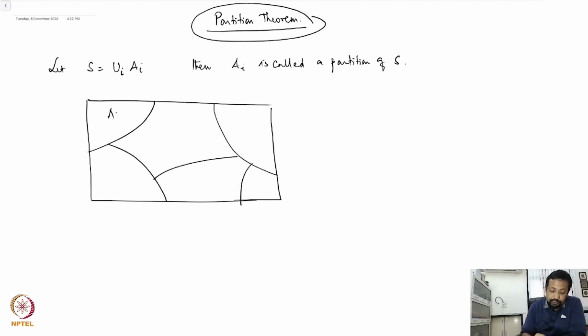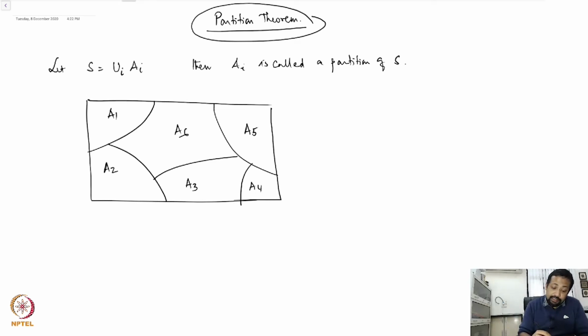This can be A1, this can be A2, A3, A4, A5, and this can be A6. All these A1 to A6 are events, subsets of S, except that the whole thing together makes up the sample space S, right?